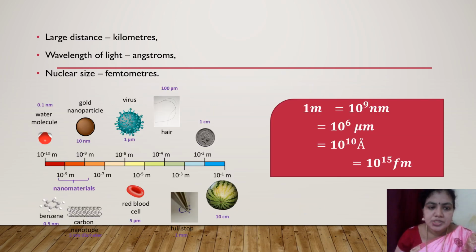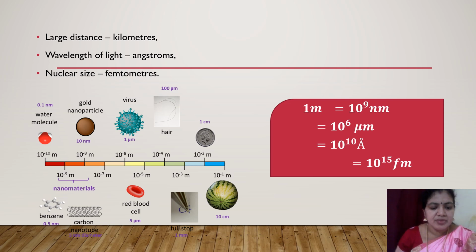So for large distances, I would be using kilometers. For wavelength of light in the atomic and microscopic scale, I would be using the angstrom unit. 1 angstrom is equal to 10 to the power minus 10 meter. And for nuclear size, I will be using femtometers.